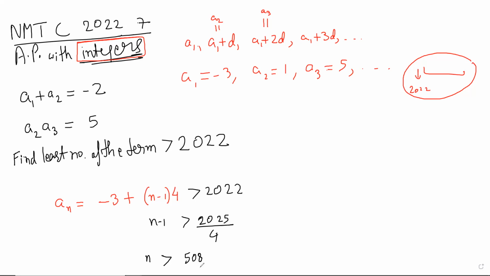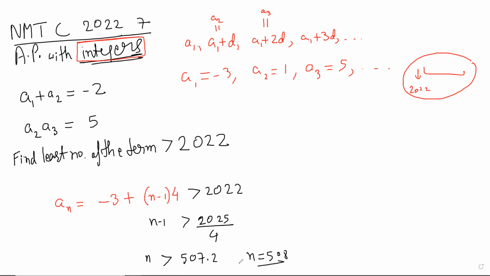So 508 will not work. Sir, I got n should be greater than 507.25. Yes, right. And so 508 should work, because all these steps are reversible.